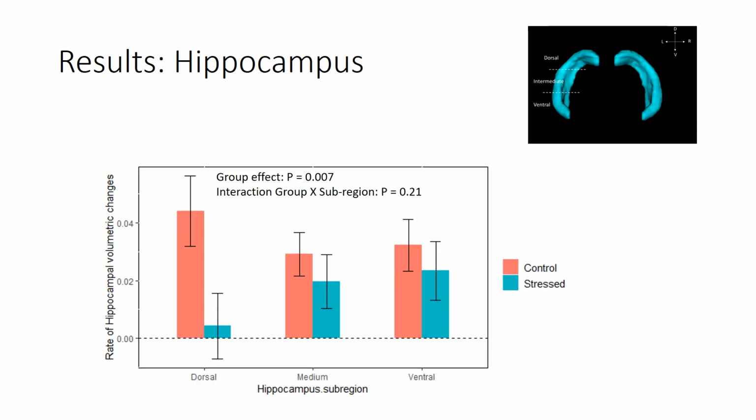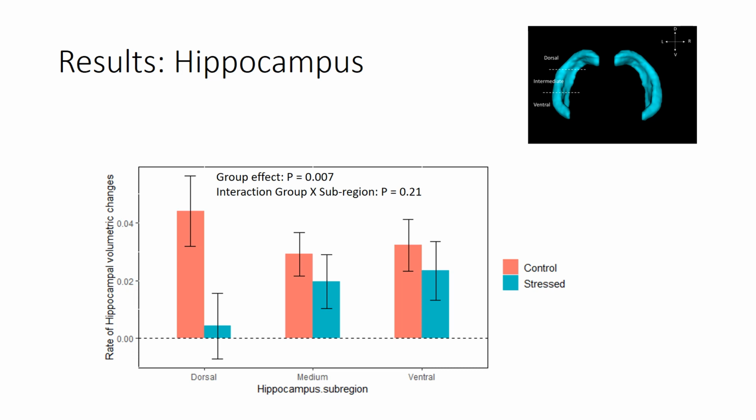Here are the results for the hippocampal plasticity measure. What is displayed is the rate of hippocampal volumetric changes between time points in the dorsal, intermediate, and ventral part of the hippocampus in each group. What you can see is that the rate of volumetric changes are all positive, indicating that hippocampal plasticity increased in both groups between time points.